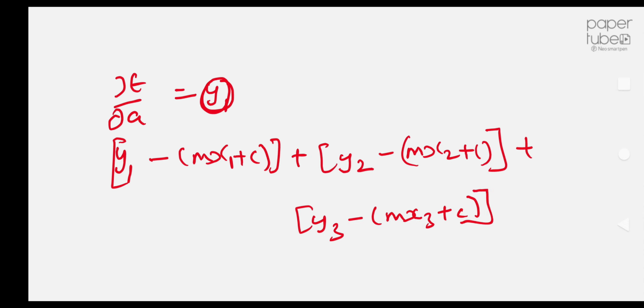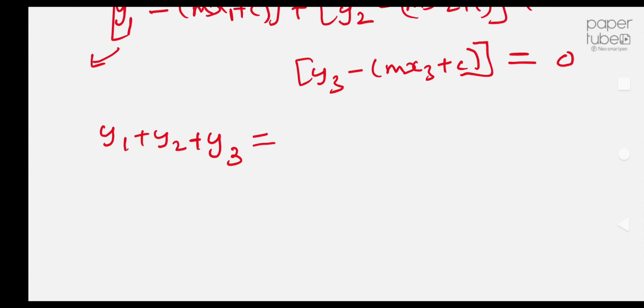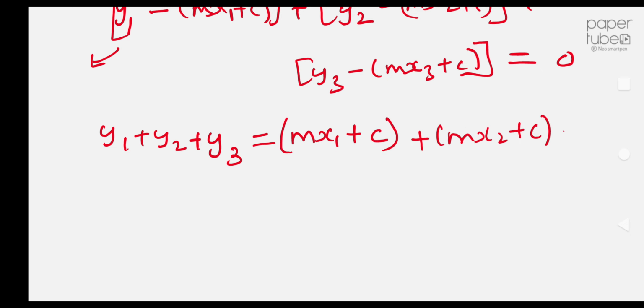We can take y on one side because this whole term is equal to 0, which means y1 plus y2 plus y3 should be equal to (mx1 plus c) plus (mx2 plus c) plus (mx3 plus c). So how do you simplify this equation?